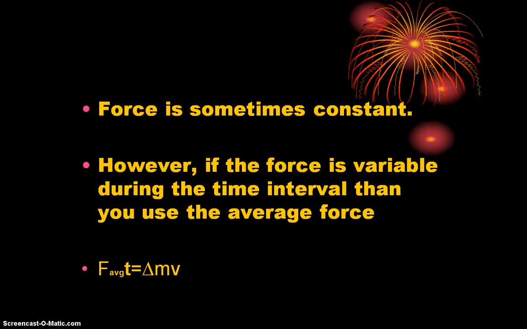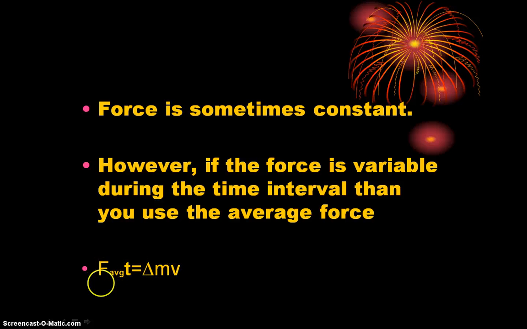And this typically happens when we have elastic things, because based on the idea of Hooke's law that we discussed last time, the further you stretch something that's elastic, the stronger the force that is applied at that moment. So when we have this idea of changing forces, we would say that the average force times the time is equal to the change in momentum.